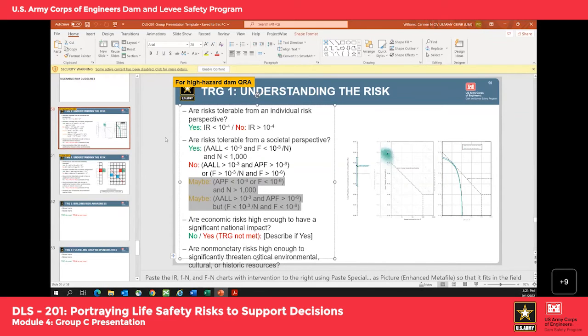So that maybe there, that indicates that there's a portion of the risk that's plotting in the low probability high consequence zone, and really what that means is that it brings a higher standard of care. It requires a higher standard of care to meet tolerability.